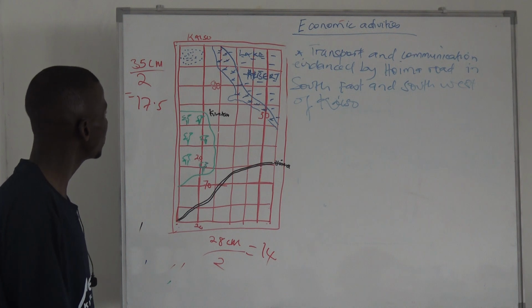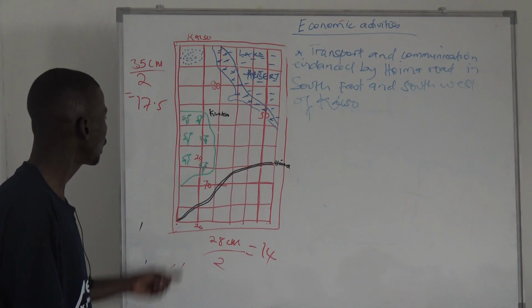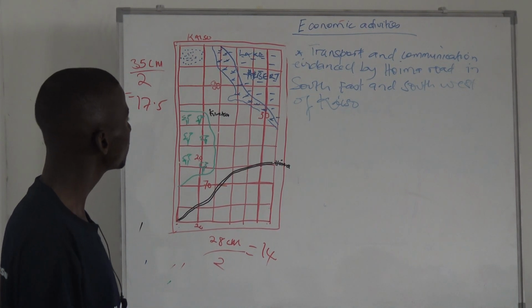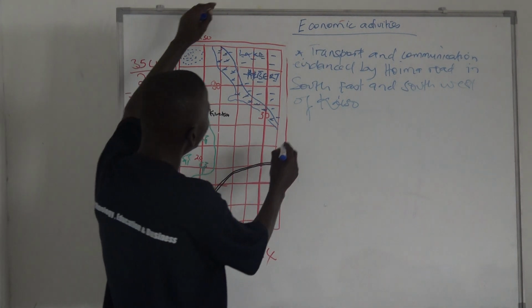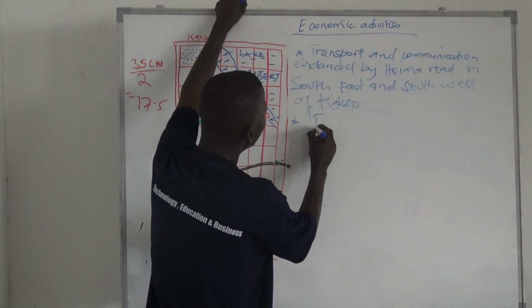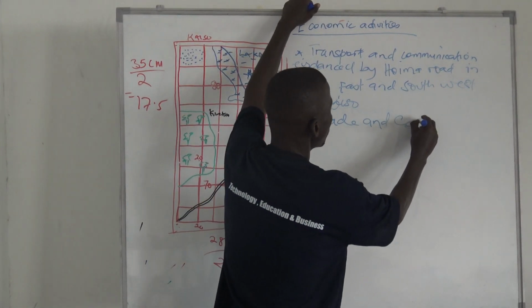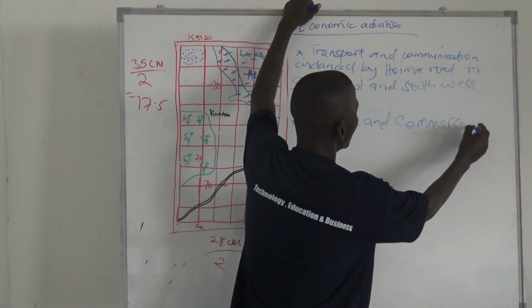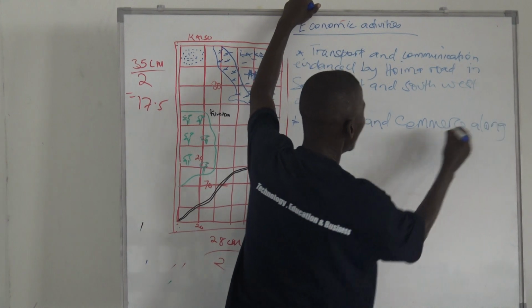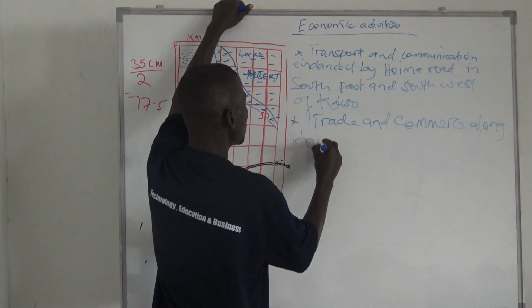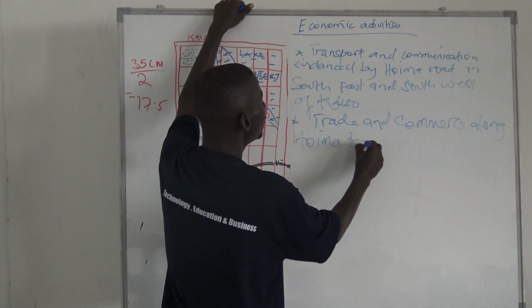That is another economic activity. Check and see other economic activities. Still transport, there is trade and commerce, of course. Trade and commerce along that road, along Hoima KAISO Road.